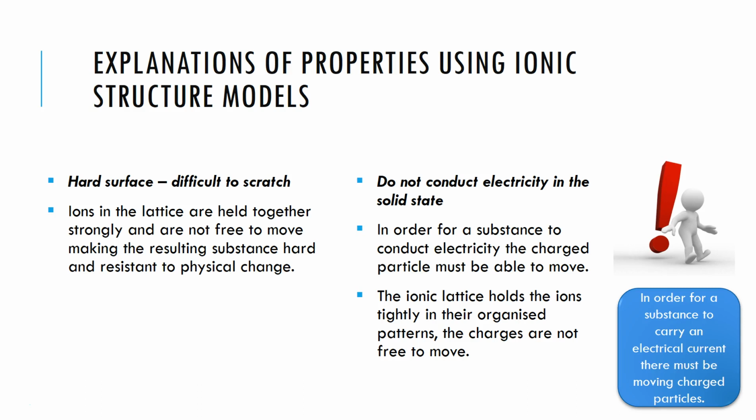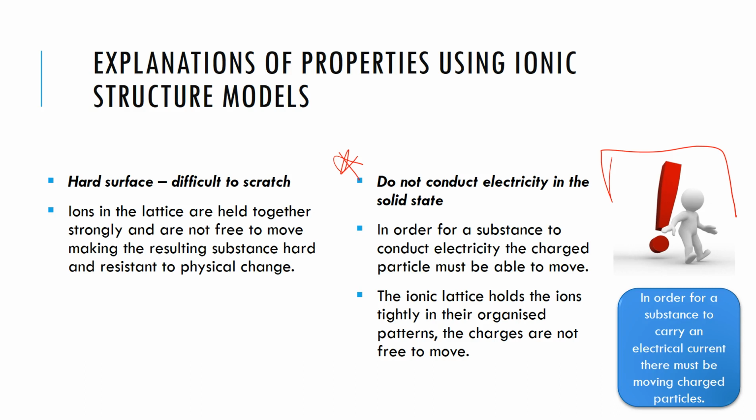So hard, we've talked about hard when we talked about metals, and for much the same reason, because the ions are held tightly in the lattice, they are hard to remove. So it makes it hard and resistant to physical change. The one that we really need to be able to talk about and not get confused on is not conducting electricity in the solid state. This is to remind you that in order for a substance to carry an electrical current, to be conductive, the charged particles need to be free to move.